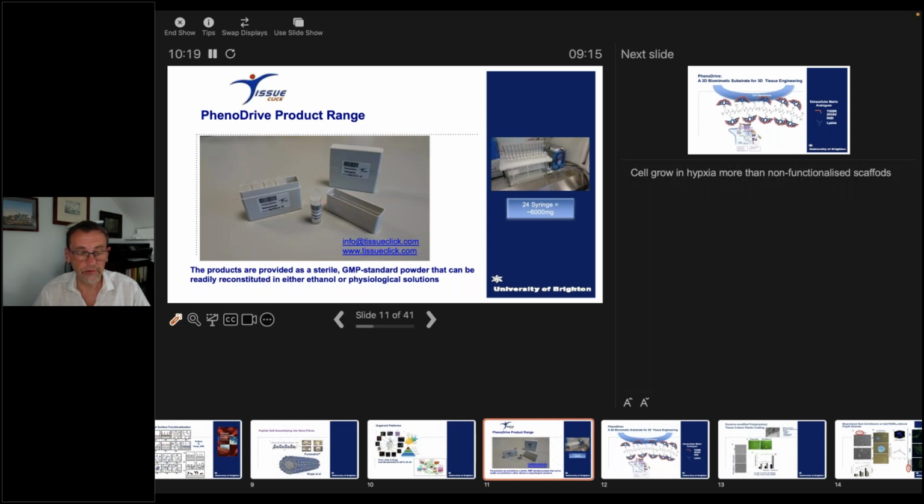at a given concentration. In our case, as you will see later in the slides where I show our data, PhenoDrive is dissolved in a mixture of ethanol and water, pipetted into the well at a given volume, and then left to evaporate to cast a very transparent, invisible film in our tissue culture plate, obviously under sterile conditions.